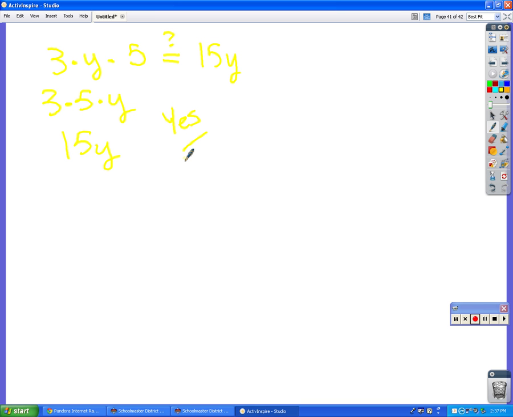We use the commutative property to figure out if those are equal or not. We switch the order of those around, so yes, they are the same.